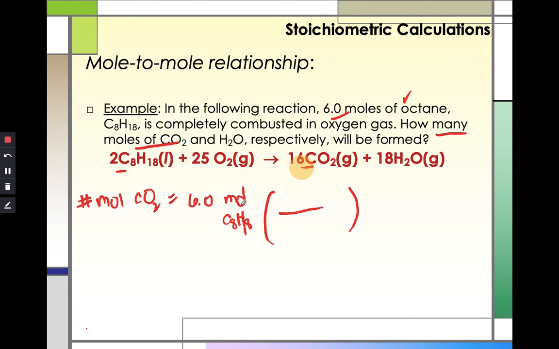Since we want to cancel out C8H18, the octane must stand on our denominator side.